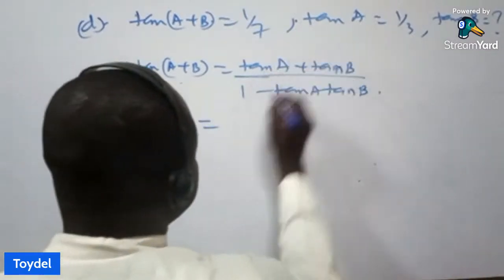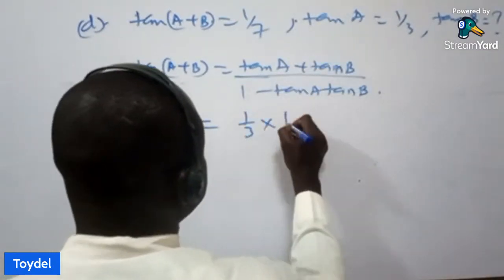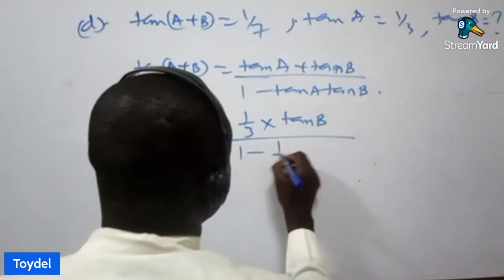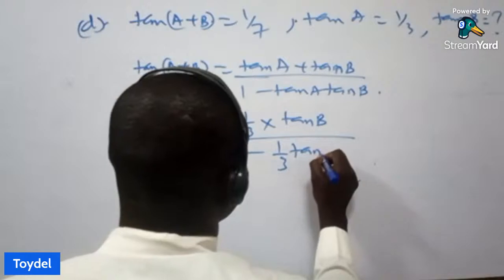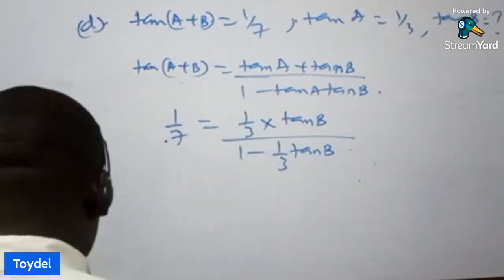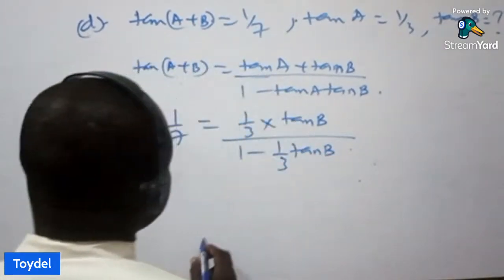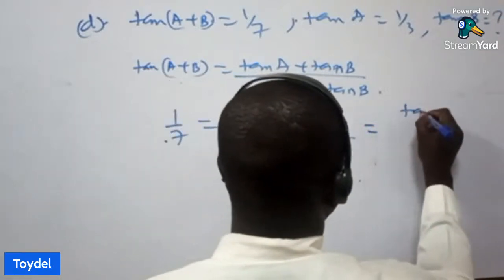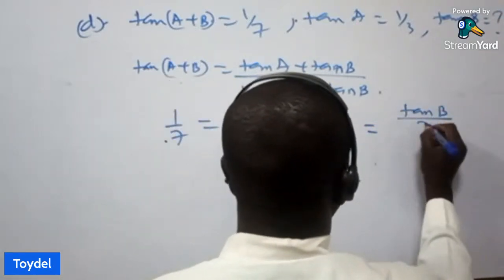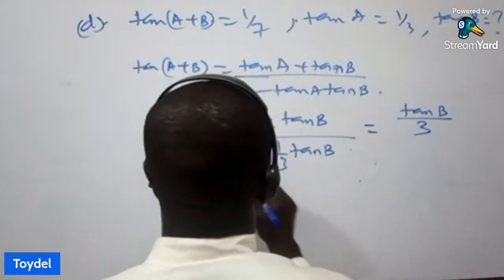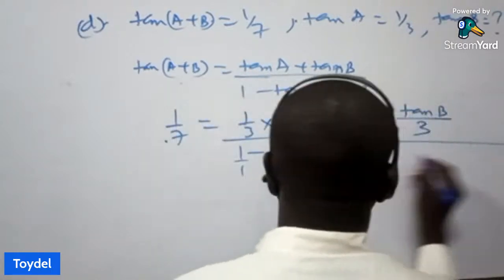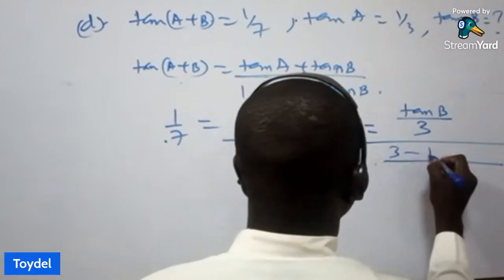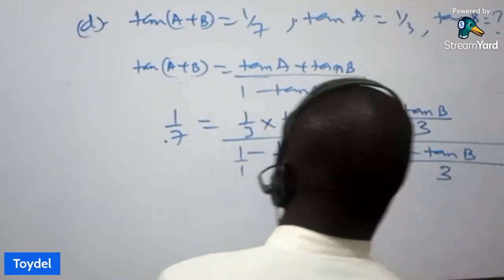Then tan A is equal to 1/3, multiplied by tan B. We are looking for tan B, it is the unknown, all over 1 minus 1/3 tan B. This is what we have. Then this will give us tan B over 3 at the numerator. If I find the LCM at the denominator, the LCM will be 3, divided by 3 minus tan B. That's what you get.